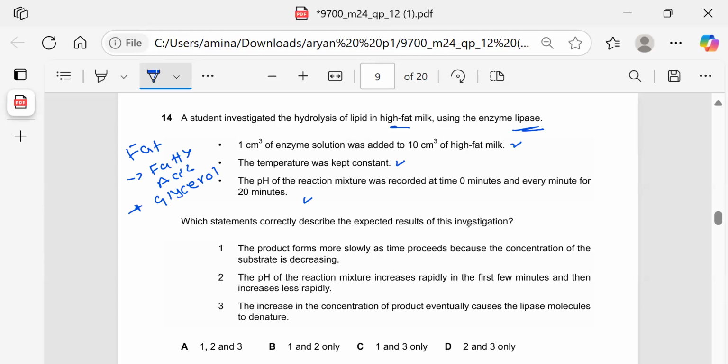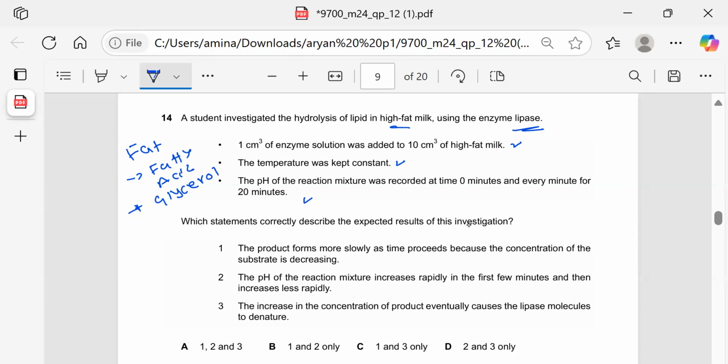Now they have given me 3 statements and I need to describe the expected result. Which statement correctly describes the expected result? The first statement is telling me the product forms more slowly as the time proceeds because the concentration of substrate is decreasing.